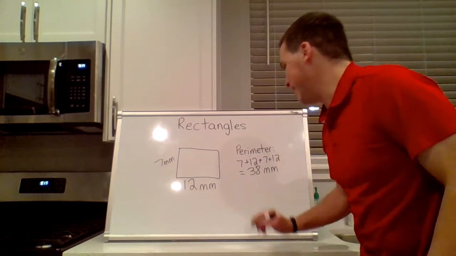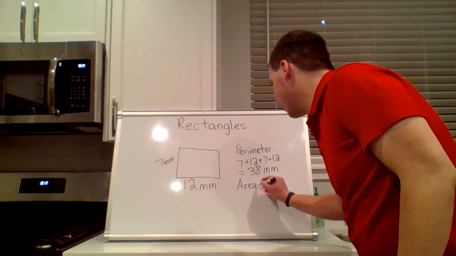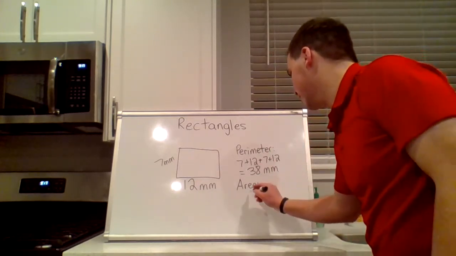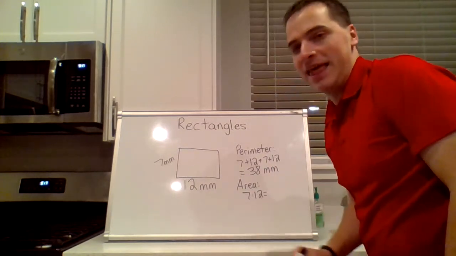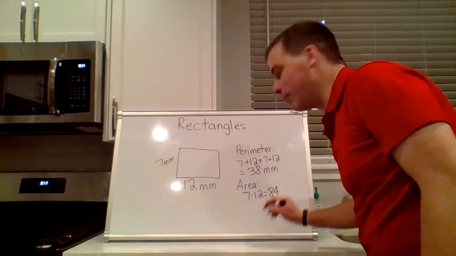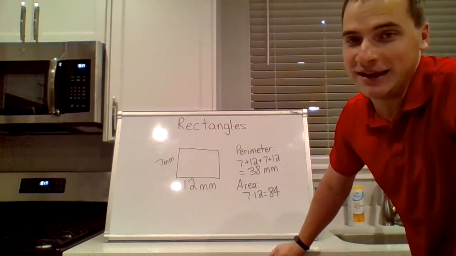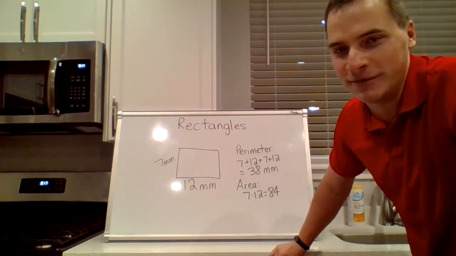Now to find the area, we are going to do the length times the width. In this case, 7 times 12. That equals 84. Hopefully you remember your multiplication tables. If you don't, there are free calculators you can find online, whether it be the Google calculator or Desmos.com.